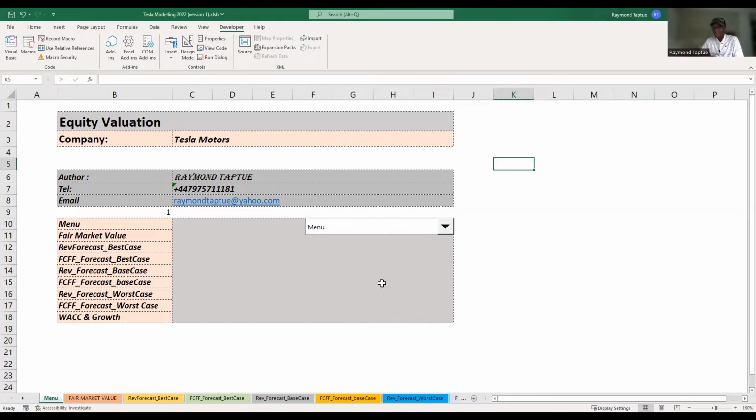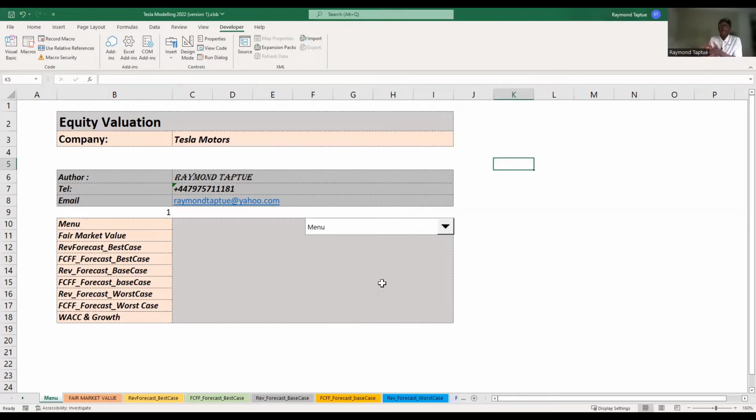The first one is the free cash flow to firm. The second one is the weighted average cost of capital for the first period, from now to 2030, and for the second period, from 2030 to the foreseeable future, and the growth rate, which is the long-term growth rate.